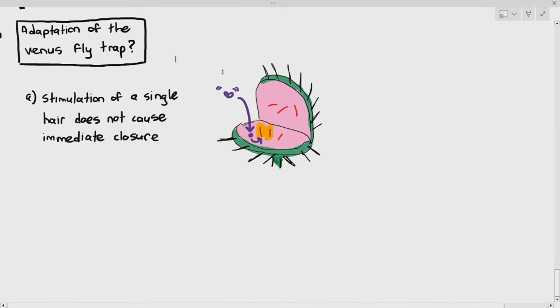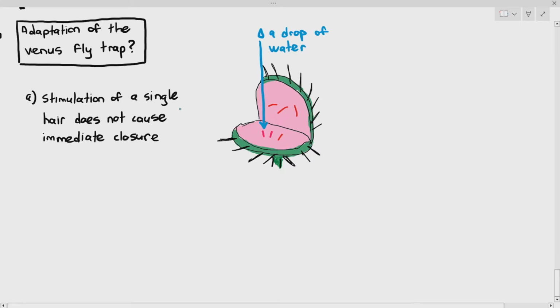Isn't that better? You see, the stimulation of a single hair not causing an immediate closure is actually a type of adaptation. The reason is because sometimes what may happen is a drop of water from the rain might actually stimulate the hair. So the Venus flytrap wants to make sure that the stimulus is something that is tangible, that perhaps might mimic an insect.